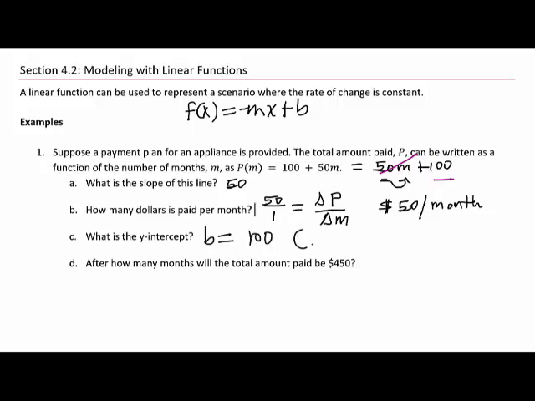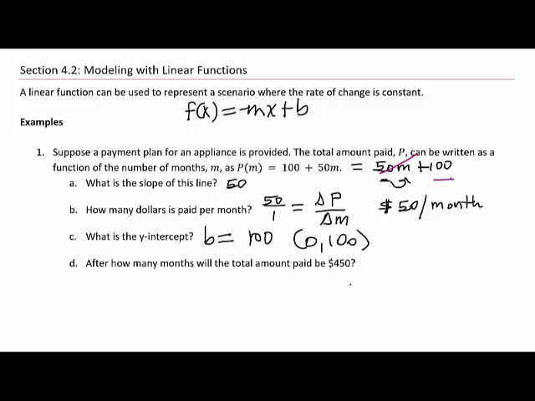Written as an ordered pair, that would be 0, 100. And what that tells us is, no matter what, even if you have paid no months on your bill, your initial deposit is $100.